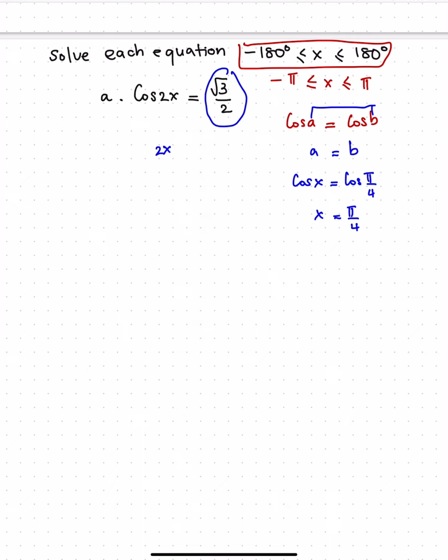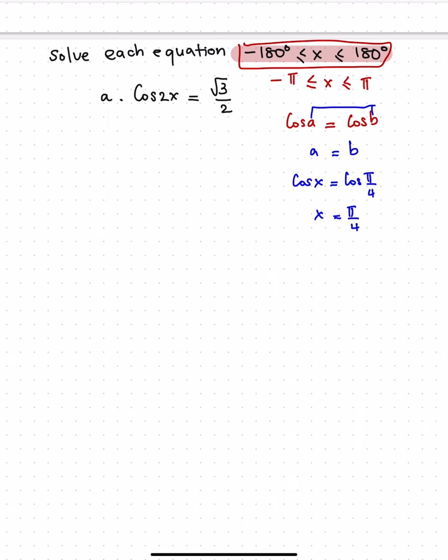Because if you write, for example, cosine 2x equal to cosine pi over 6, we got 2x equal to pi over 6, which is not about x. So we have to make the domain become about 2x, right?